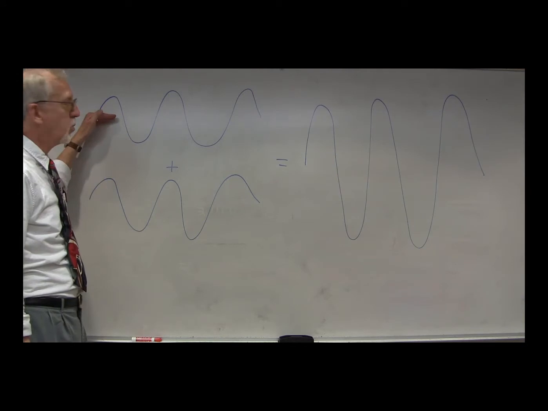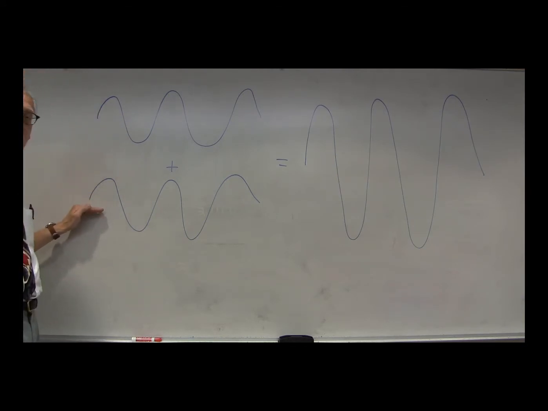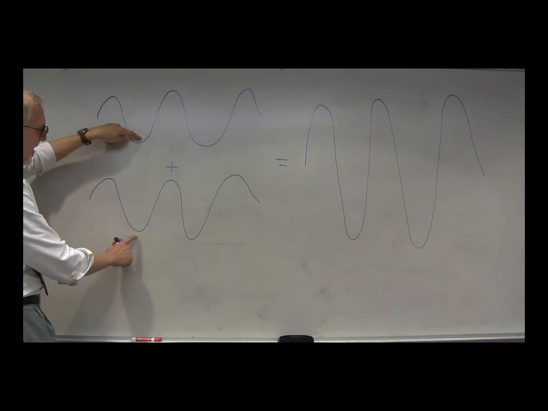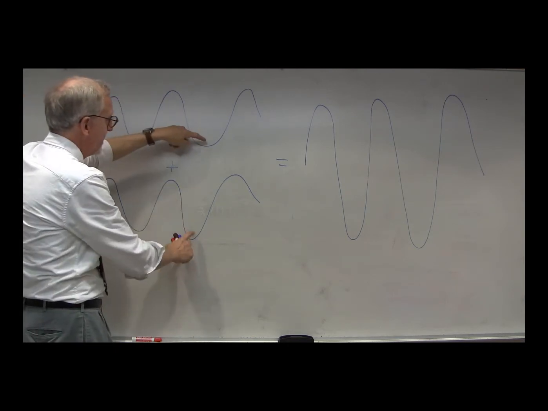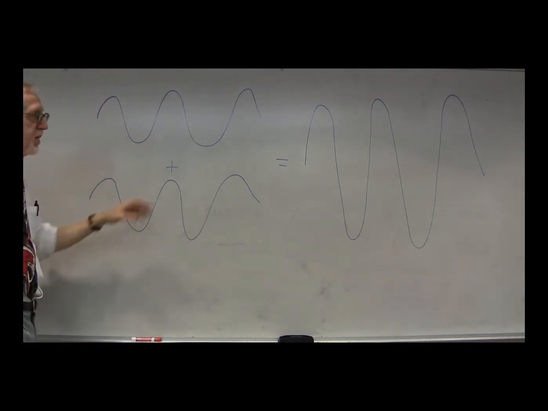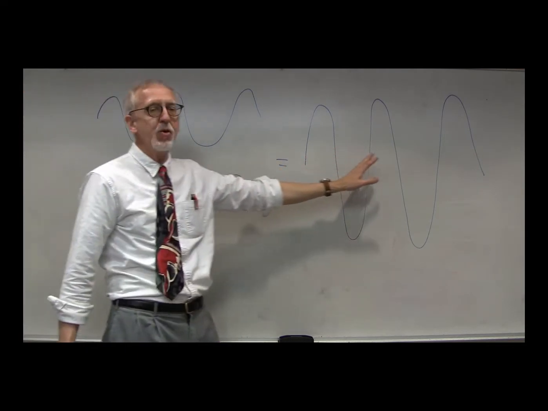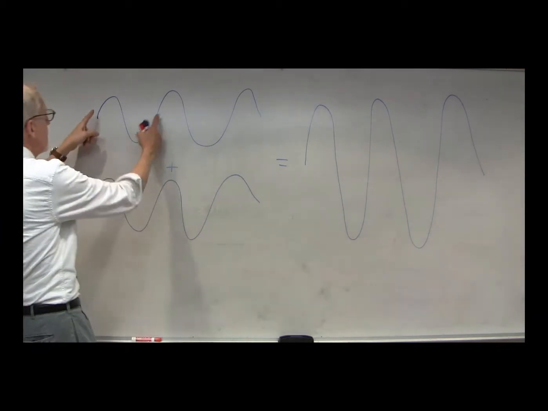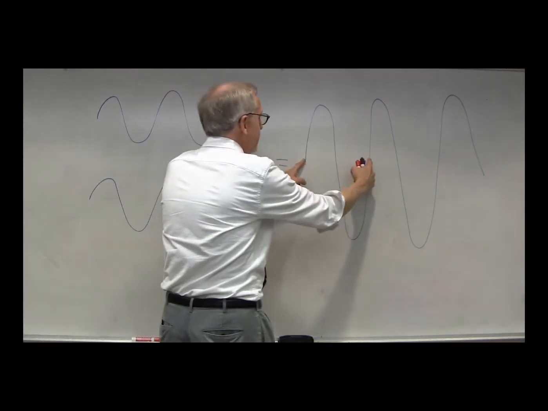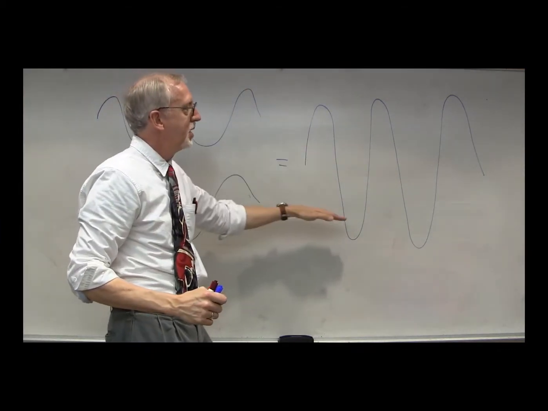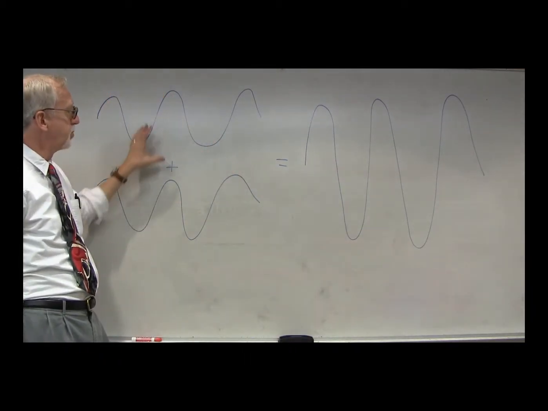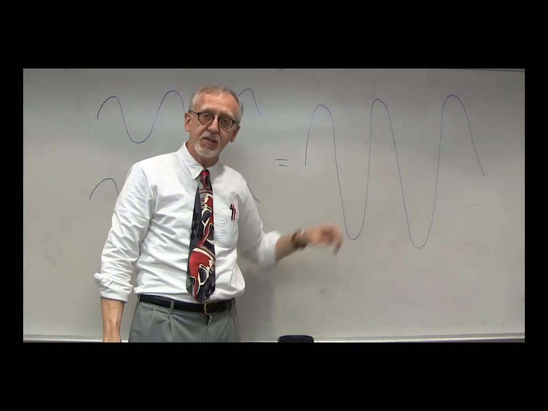So taking one wave, adding another wave that's in phase, meaning whenever this one is up, this is up. When this is down, up, up, down, down, up, up. Adding them together, what do we get? We get another wave with the same wavelength. So the wavelength is exactly the same, but the amplitude is now twice as big. So we have light plus light giving us lots of light.